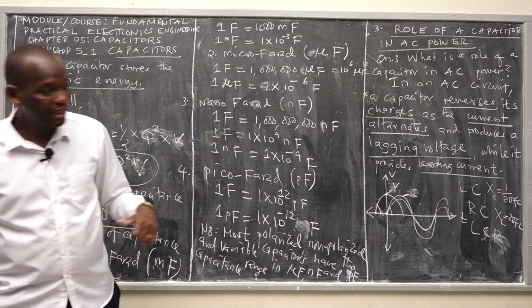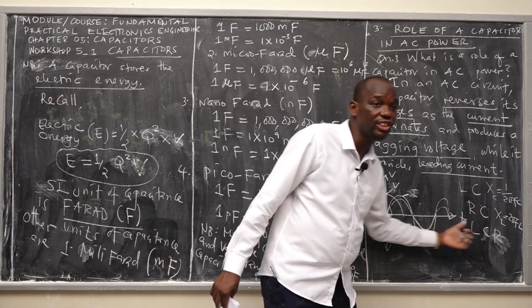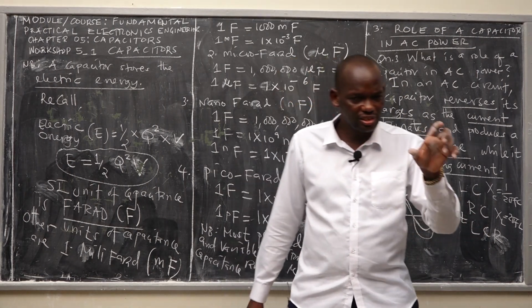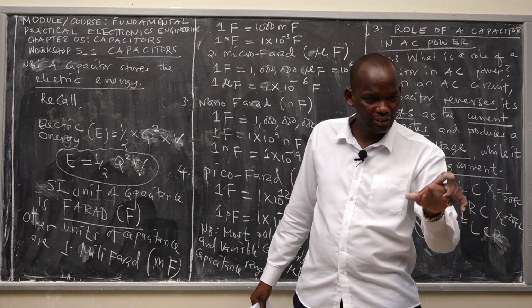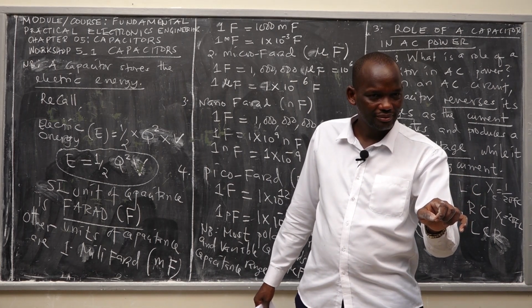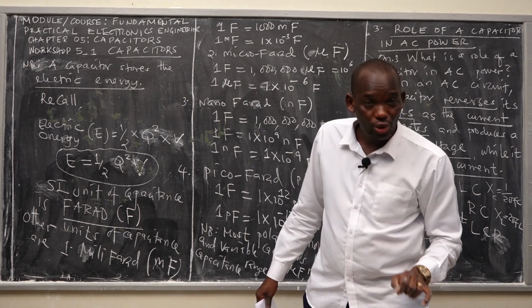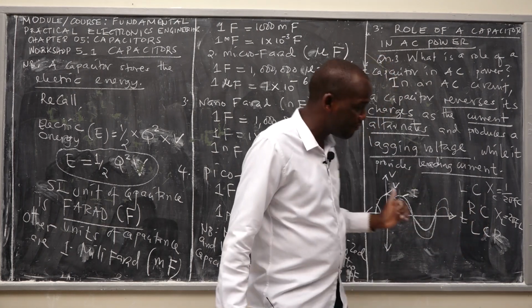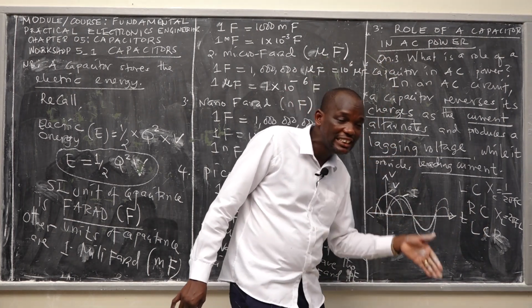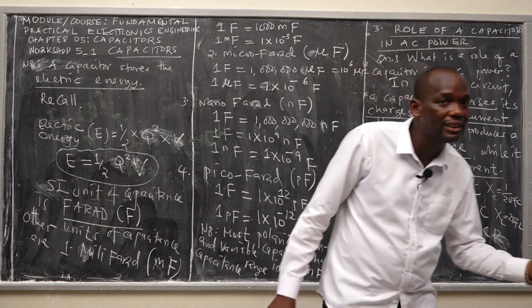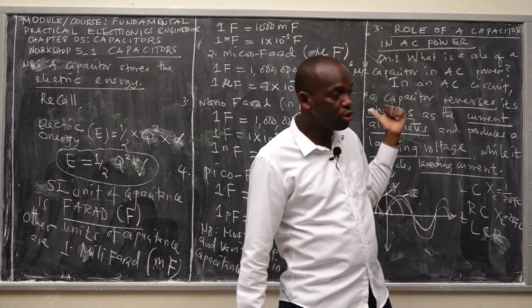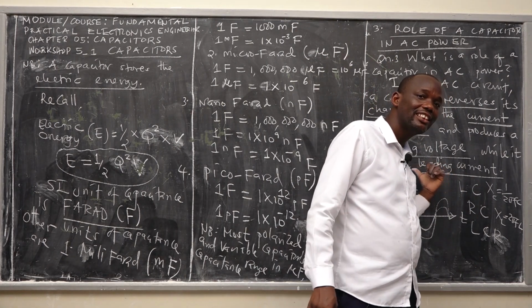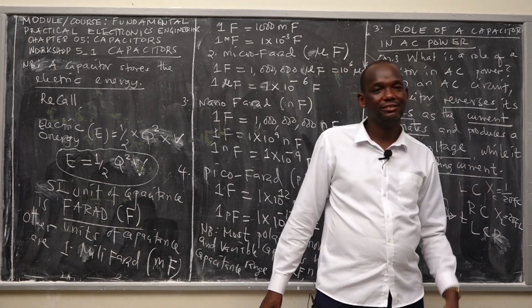But for AC, because the frequency is not 0, the reactance has a certain value, which makes the capacitive reactance lower. So when alternating current flows through the capacitor, it causes the voltage to lag behind and the current to lead ahead.